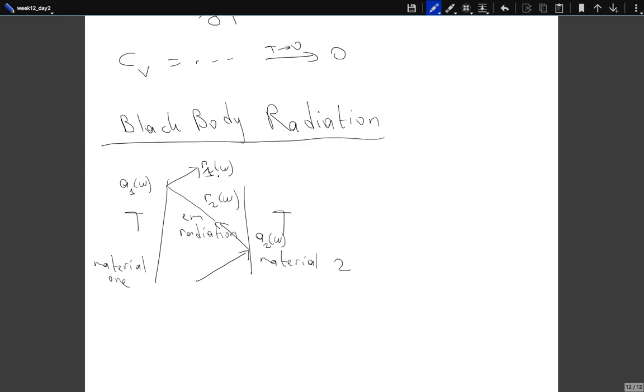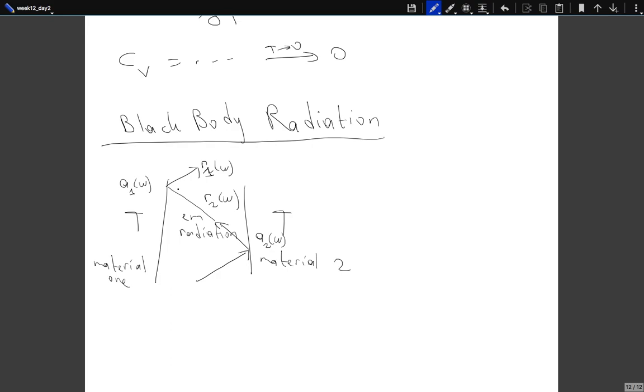So in each absorption, of course, the materials are absorbing some energy. And there is also their emission. Each one will be emitting some radiation also. So this reflection can be imagined as some kind of an emission also.